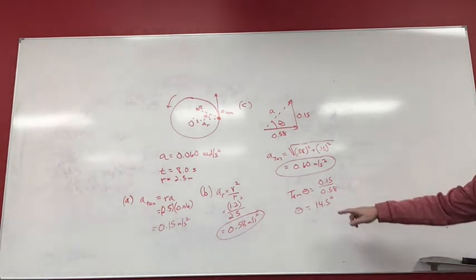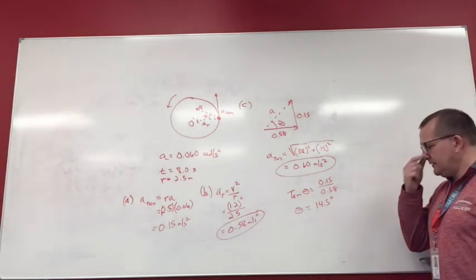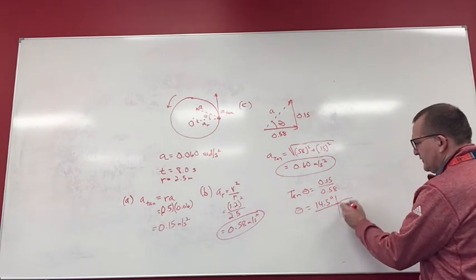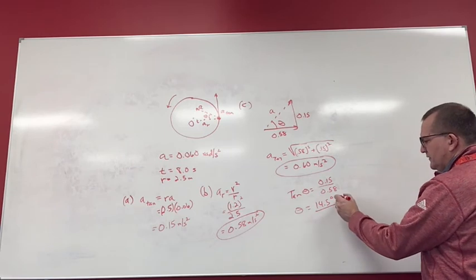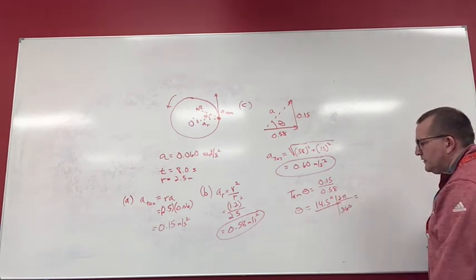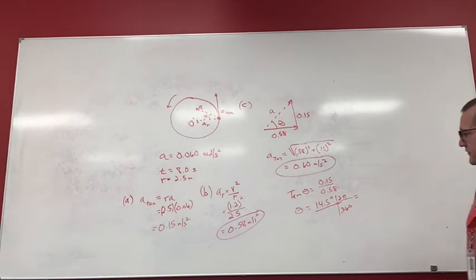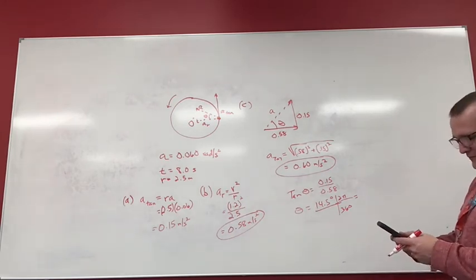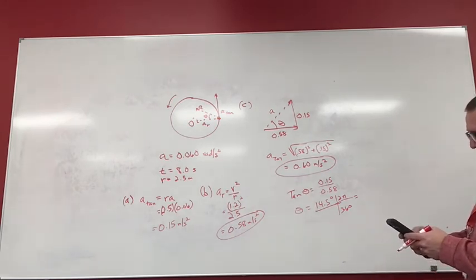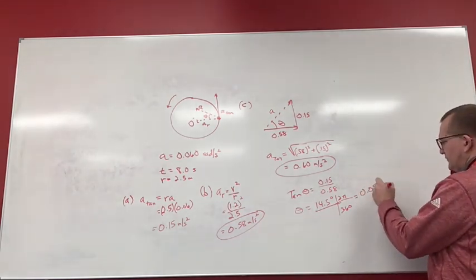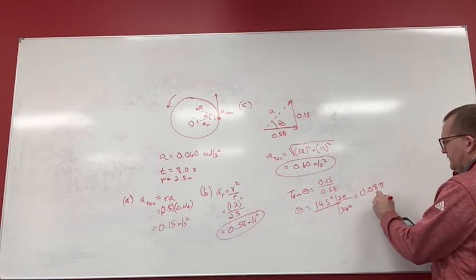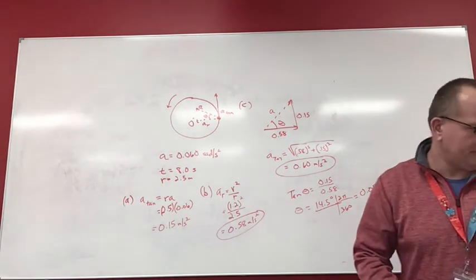You can convert it to radians if you needed to. Remember, there are 360 degrees in 2 pi radians. So I'll do that: 14.5 times 2 pi divided by 360 gives 0.08 pi radians. That's what that would be.